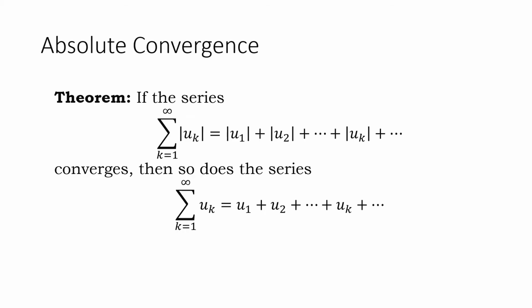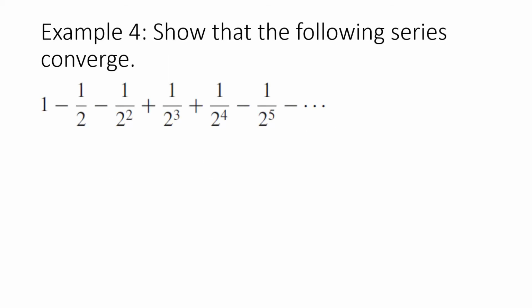So for an example, show that the following series converges. Observe that it is not an alternating series because the signs alternate in pairs after the first term. Thus, we have no convergence test that can be applied directly. However, if you can still remember the previous examples that we had, this series converges absolutely.